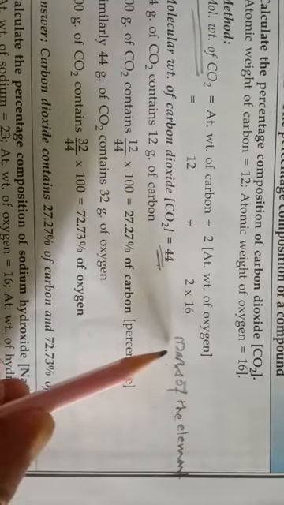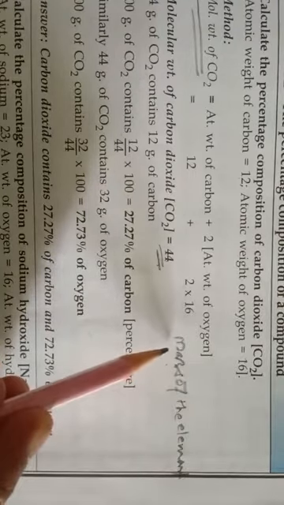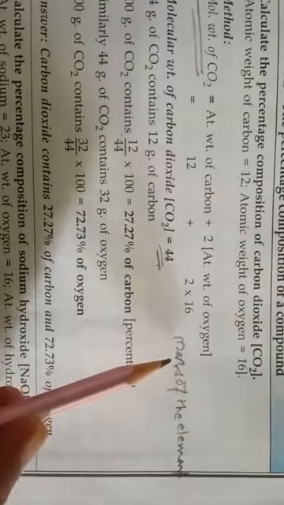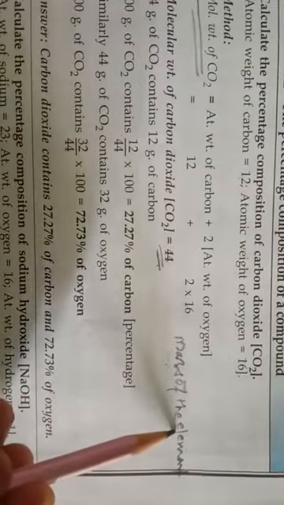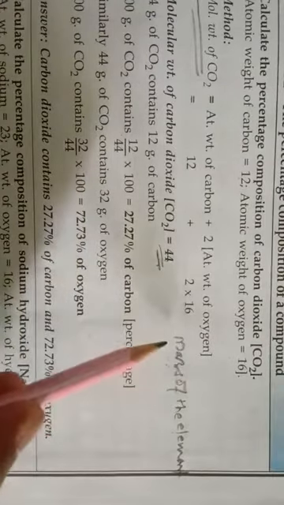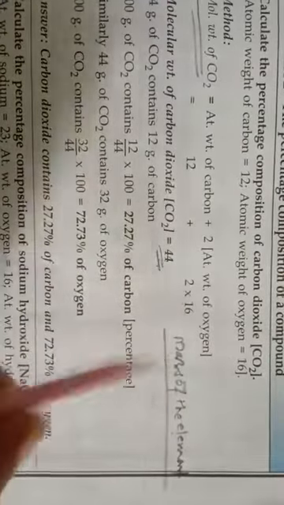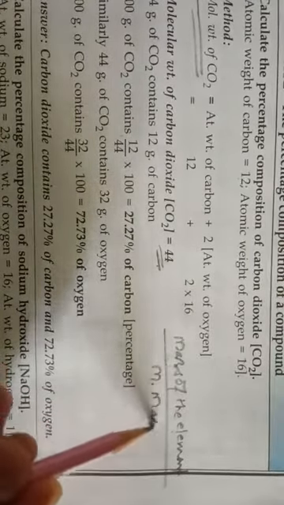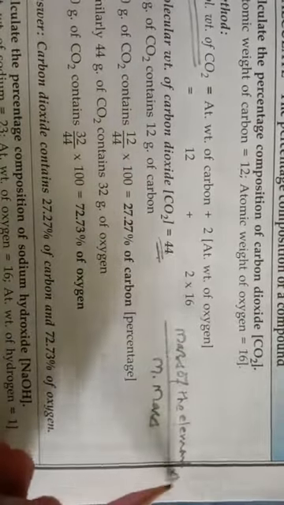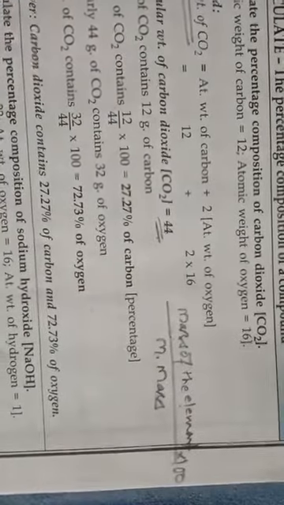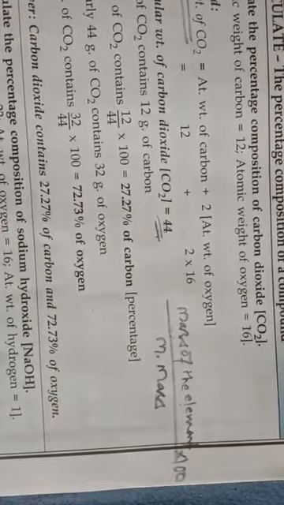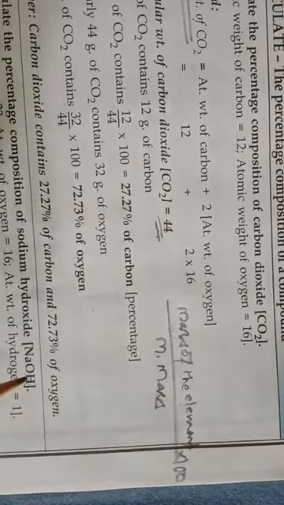for the particular element whose percentage composition is to be calculated, how much mass or weight is present in the given compound. So the total mass of the element in the compound, divided by the molecular mass, into 100. Okay children, this is the formula for the composition of a particular element in the compound.